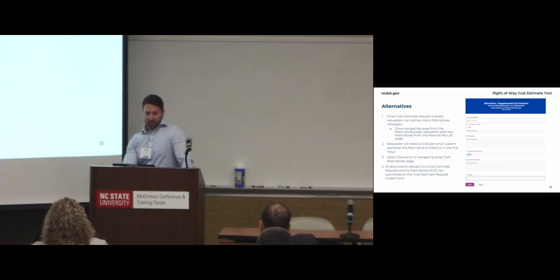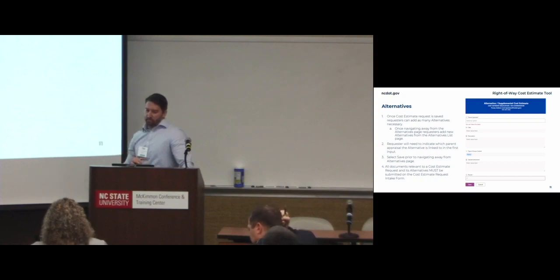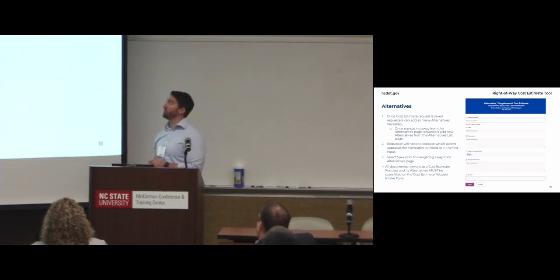All right, so alternatives. The biggest thing, like I mentioned before, was making sure that you put in your parent appraisal or parent request up at the top, and it is a drop down, so you'll be able to select the one that you have. So it'll link your alternative to that.